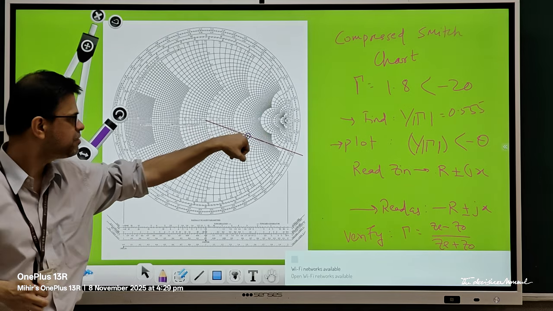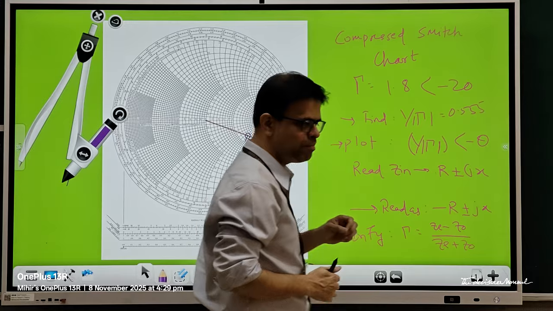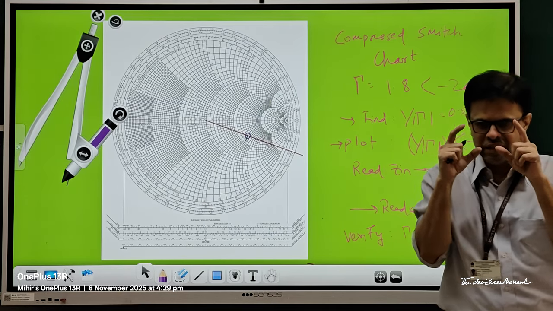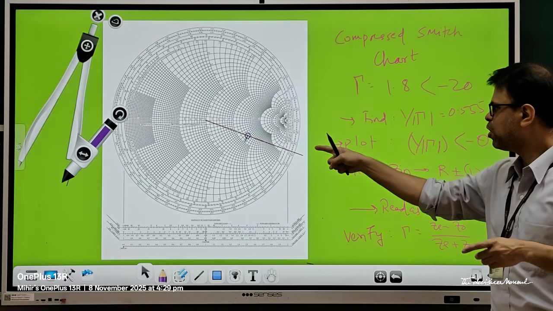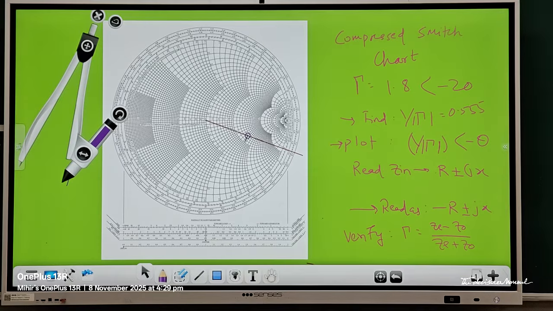So 0.555 is marked. I have plotted the magnitude as well as the angle. The next step is to read the impedance value.